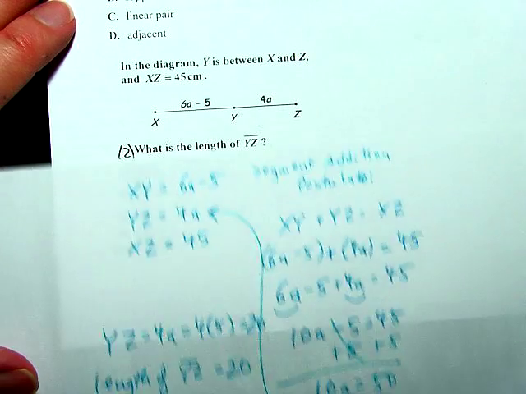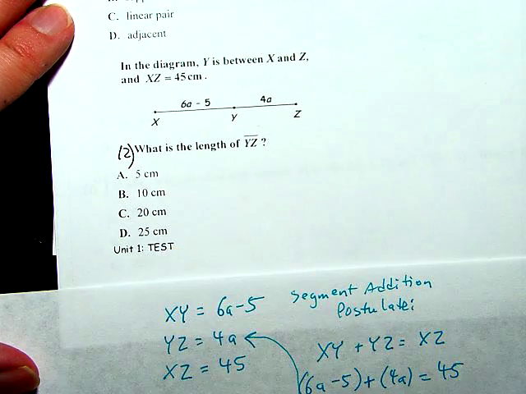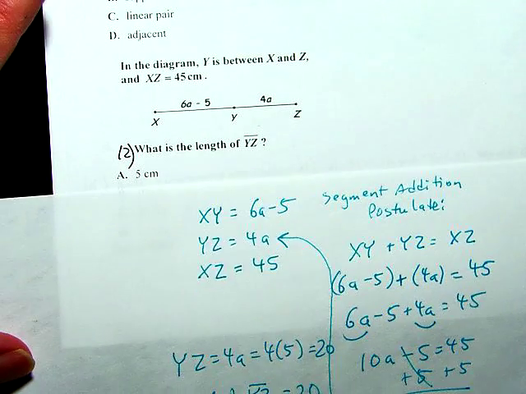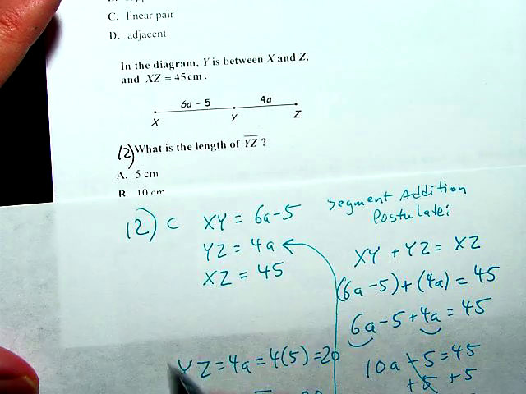Now let's look at our choices, and there's 20. The answer is going to be C. So the answer to number 11 is C. I'm sorry, number 12 is C. Sorry about that, we're doing number 12.